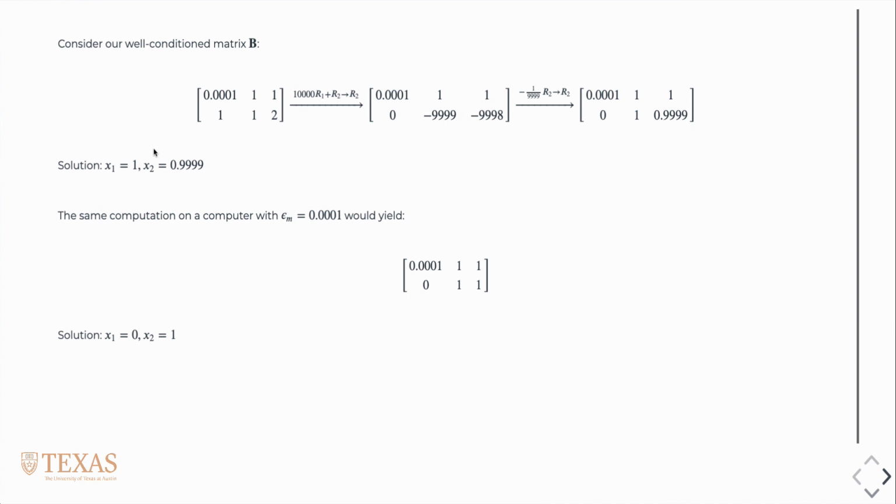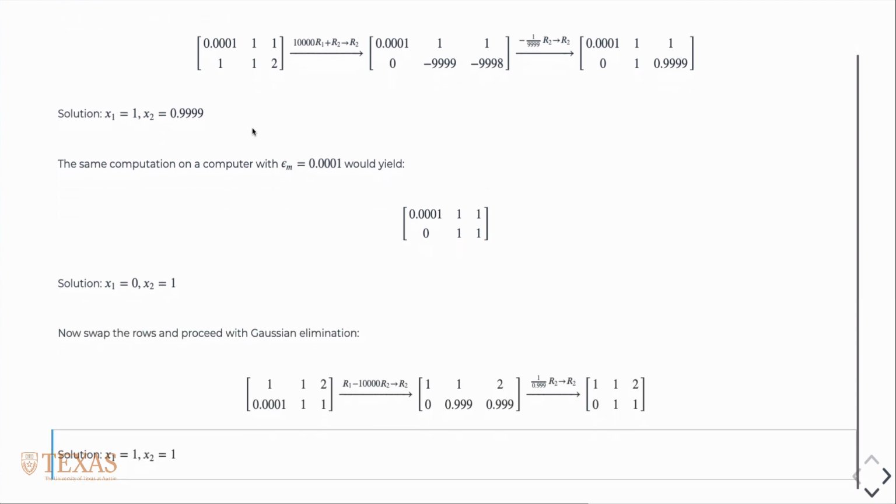However, let's see what happens when we simply exchange the first and second rows before we start our Gaussian elimination. So again, looking at our first matrix, it's simply the original augmented matrix with the first 2 rows swapped. And again, we know that swapping rows does not change the solution. However, in this case, it affects the stability of the algorithm.